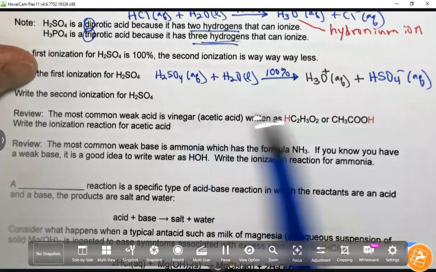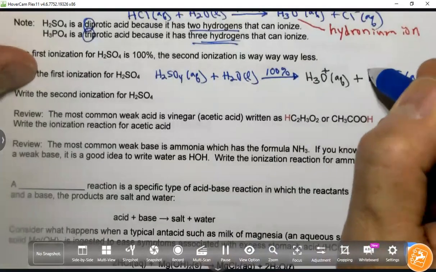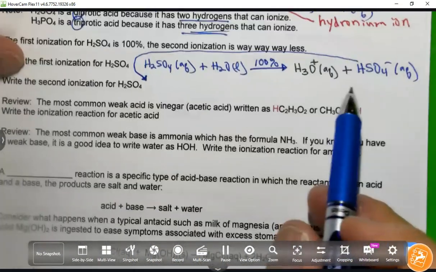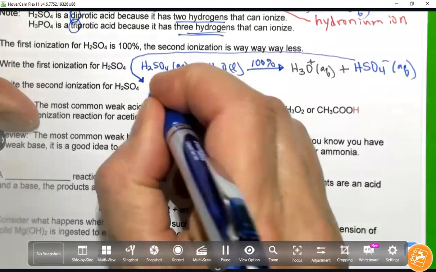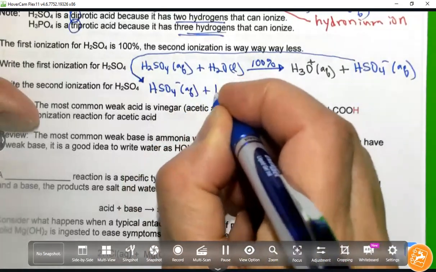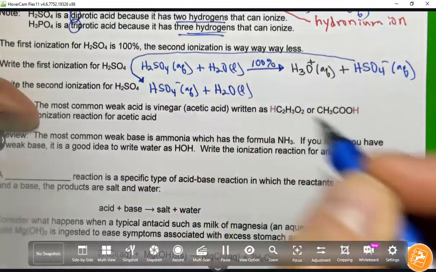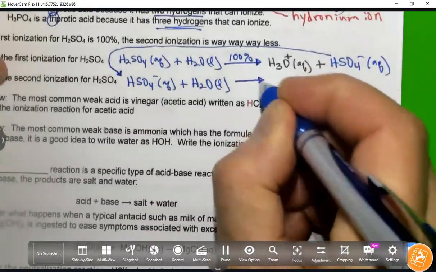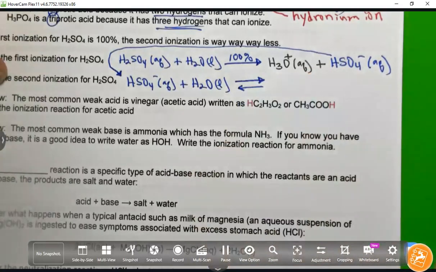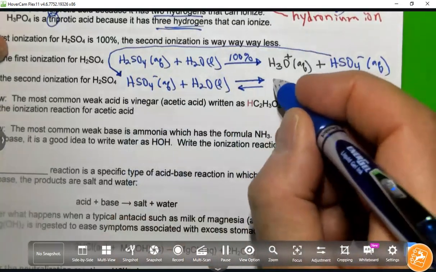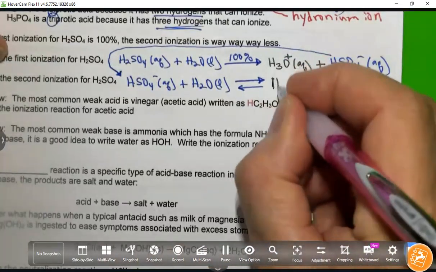Now it says write the second ionization. So if we're going to write the second ionization, we're going to start it right there. We're going to start with this hydrogen now that can come off. Double arrows. Very few of these hydrogens are going to come off. But if they do come off, we are going to get H3O plus again.